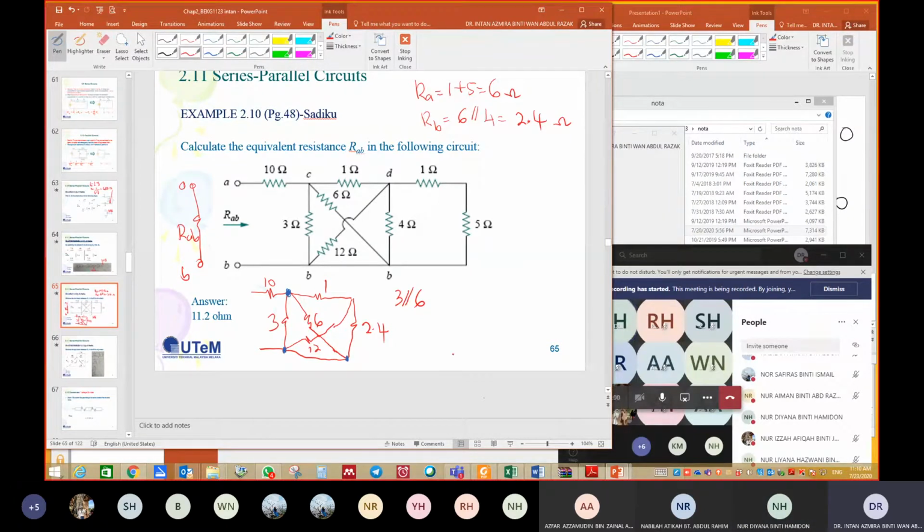And then how about 2.4 and 12? 2.4 parallel with 12, right? Yes. Because 2.4 is here, same node as 12, and they share this point. Okay. So 3 parallel with 6.